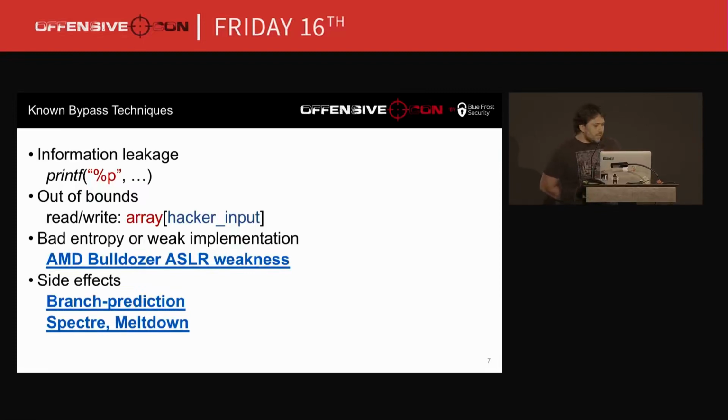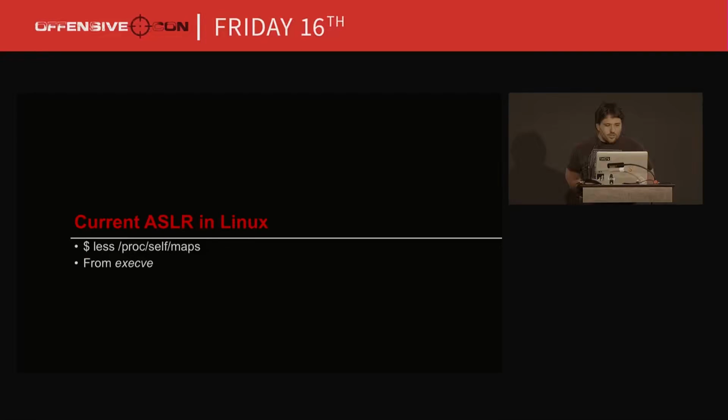Another one is a weak implementation. A good example was AMD Bulldozer, which allows you to find the stack easily, link provided. And side effects. Of course, this is something almost everyone knows already, I hope. Oh, it's the lead time, by the way.